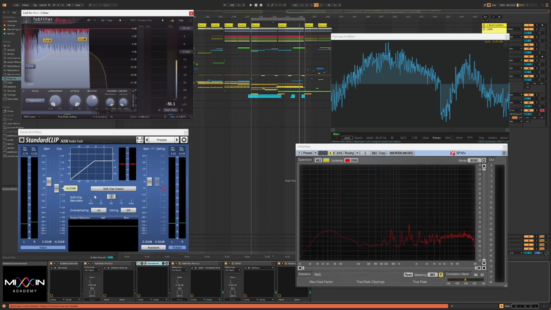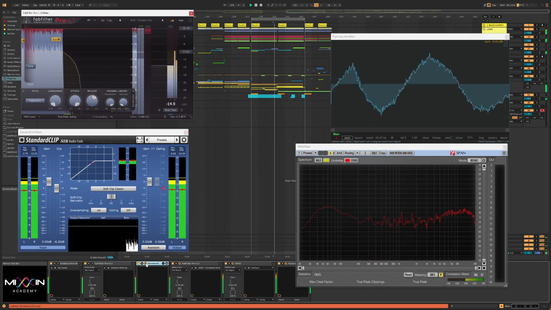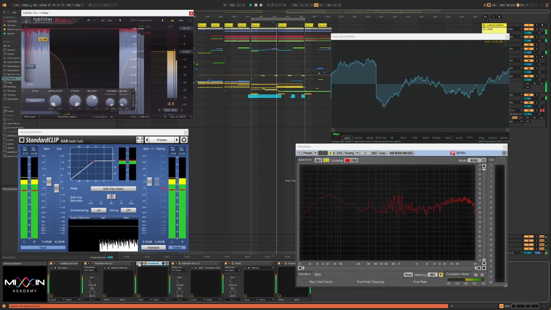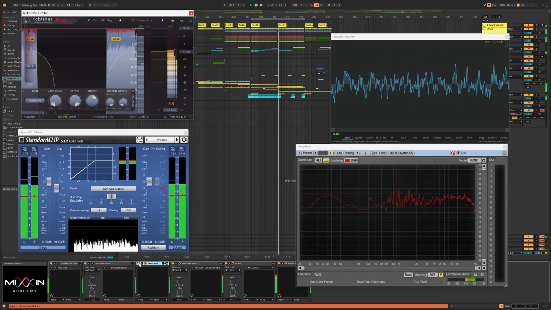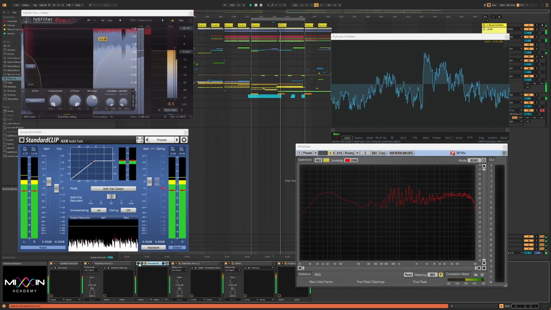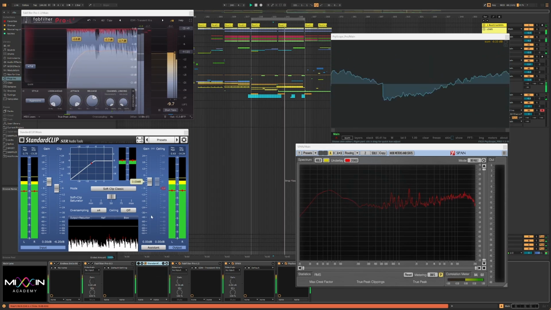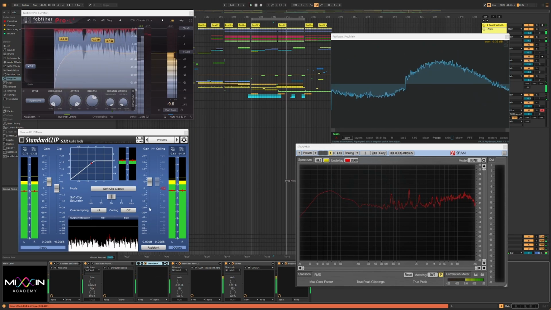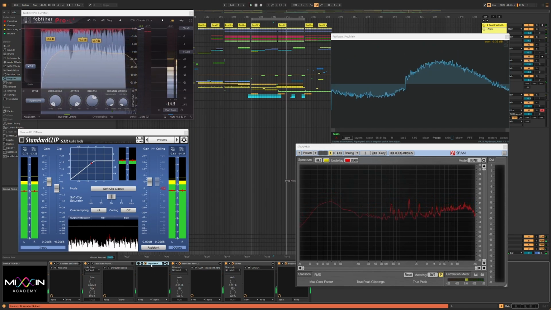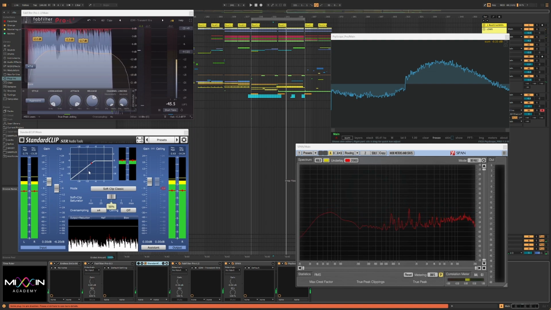Now, let's try to remove that standard clip and see what the difference is. Now, this standard clipper, by applying this soft clipping, we are raising the level.